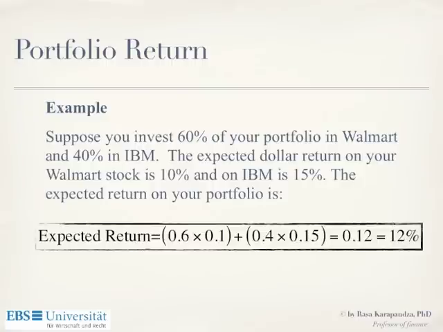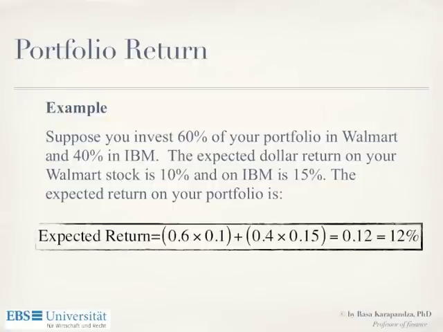Well, if the return of Walmart is 10% and return of IBM is 15%, then in total you would earn 0.6, the fraction that you have invested into Walmart, times 10%, plus the fraction that you invest into IBM times the return that you get from IBM. So you get 12%.